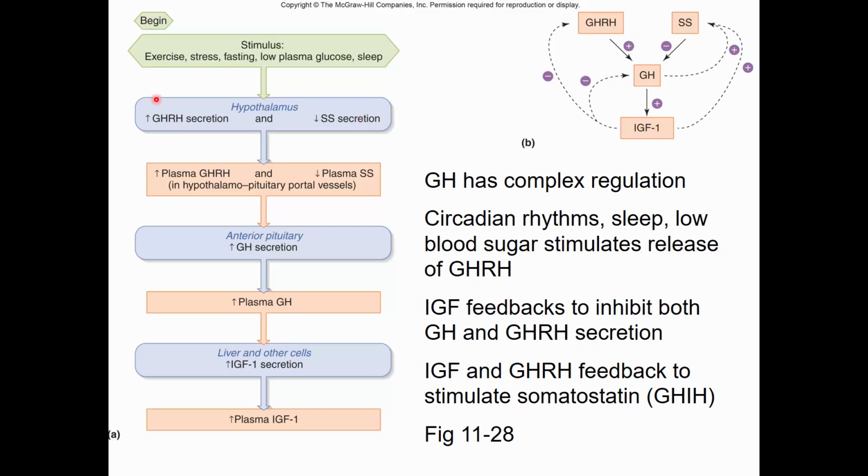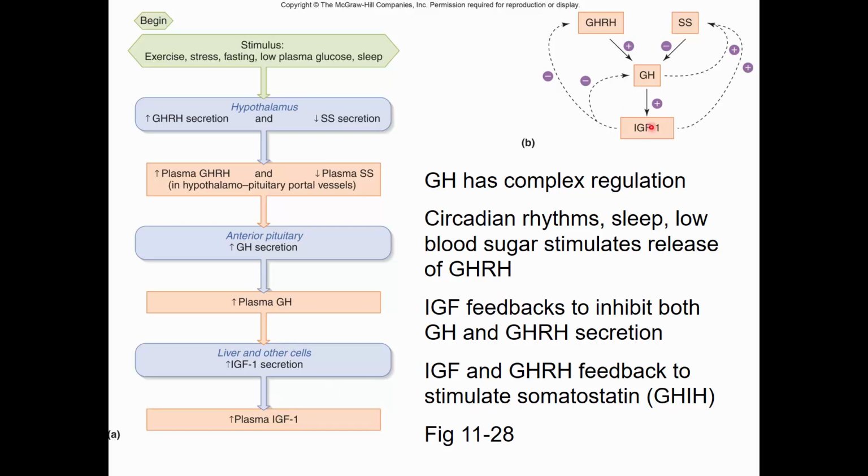Growth hormone releasing hormone goes to the anterior pituitary, says release growth hormone. Growth hormone has its own effects, but then growth hormone also goes to the liver and bone and muscle and some other cells, and we get IGF, insulin-like growth factor 1. Then that goes out. Insulin-like growth factor 1 is a mitogen. It tells cells to divide and supports growth.